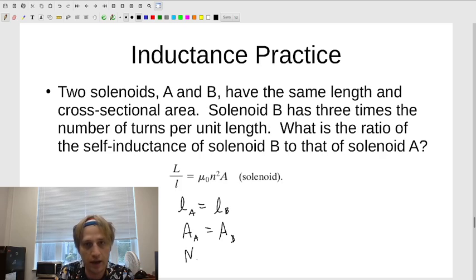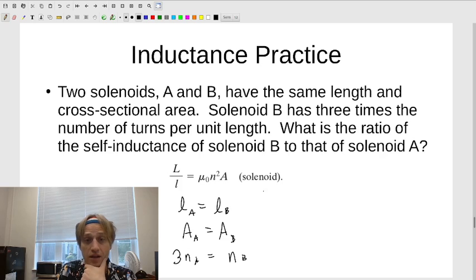So little n A and little n B are related such that 3 n A equals n B. What is the ratio of the self-inductance of solenoid B to that of solenoid A?